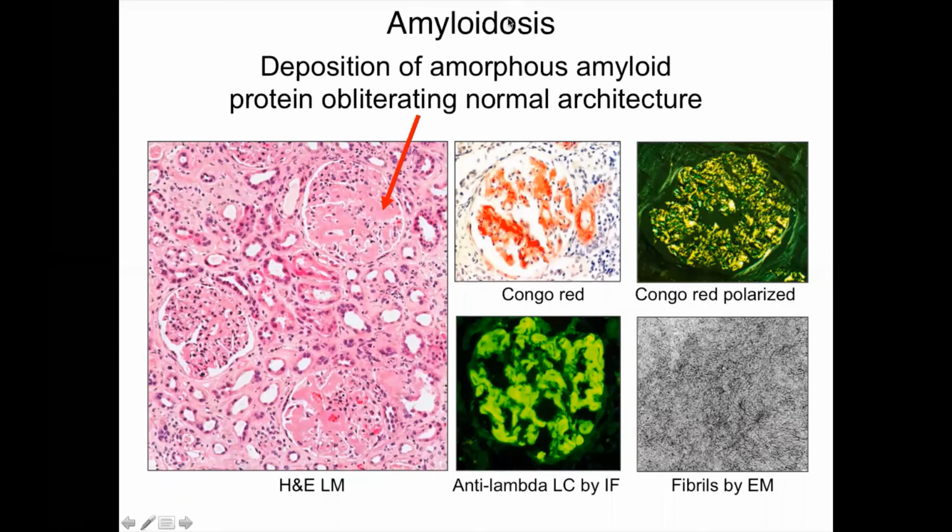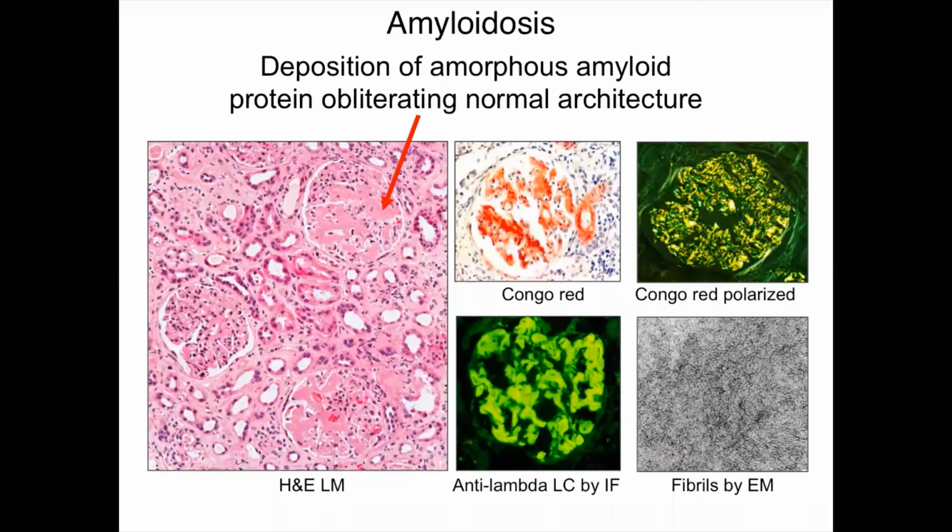Okay, almost there. Sorry. And then deposition of amorphous amyloid protein obliterating normal structures, and we'll have the fibrils by EM. And like we said, we will have restriction of the light chains. Of course, this is if we are dealing with AL amyloidosis.